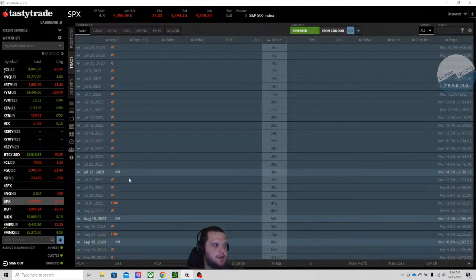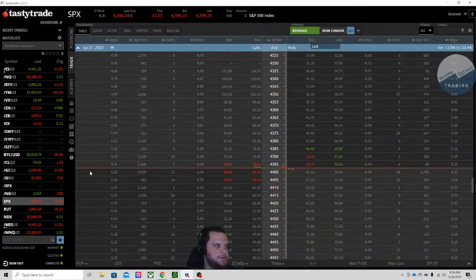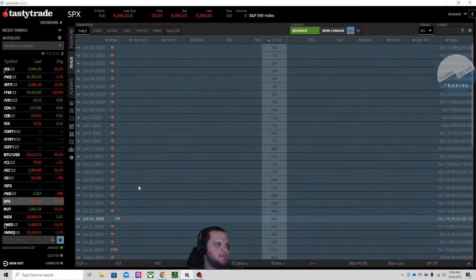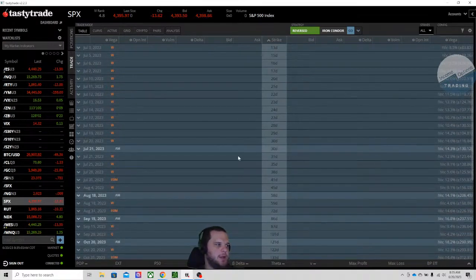Trade the weeklies. Both of those have the same date, July 21st. One is AM, one is weekly, and the AM is 30 days, and the weeklies are 31 days.